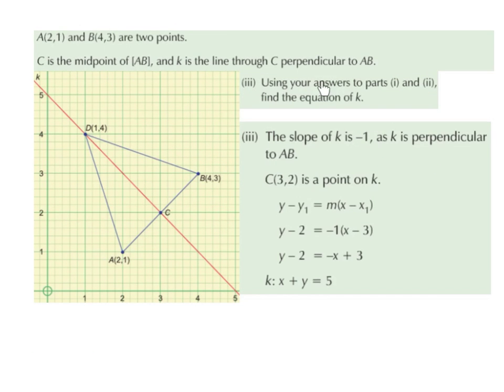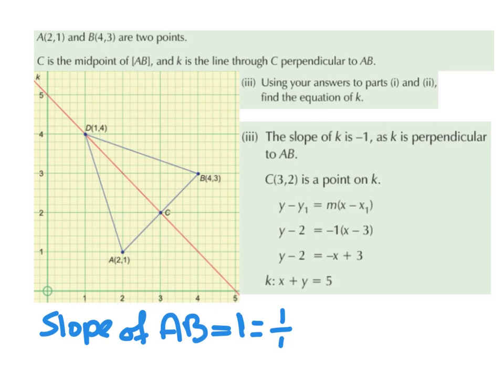Part 3. Using your answers to Part 1 and Part 2, find the equation of K. So the slope of AB was 1, and since K is perpendicular to AB, the slope of K is going to be minus 1. The slope of AB was 1, and 1 is technically 1 over 1.